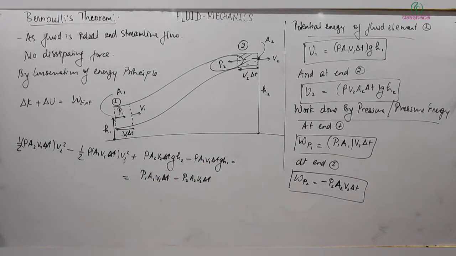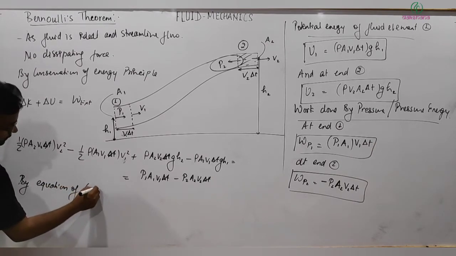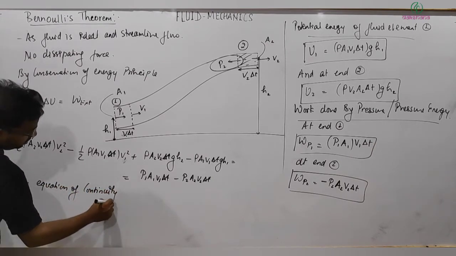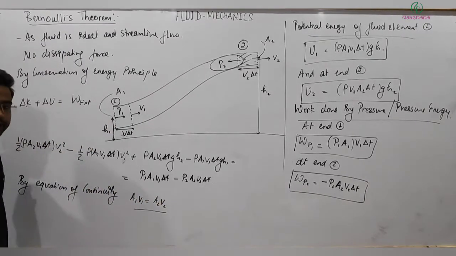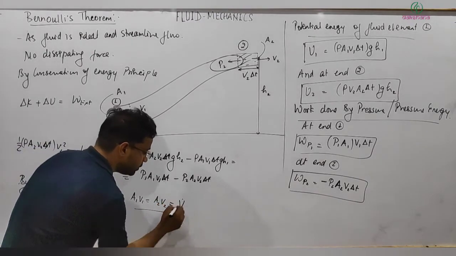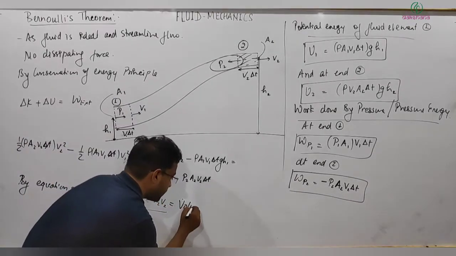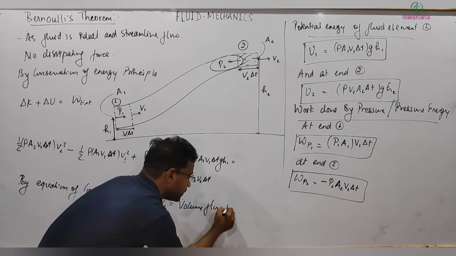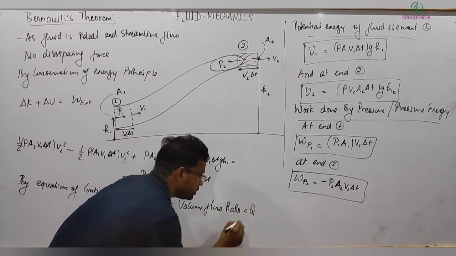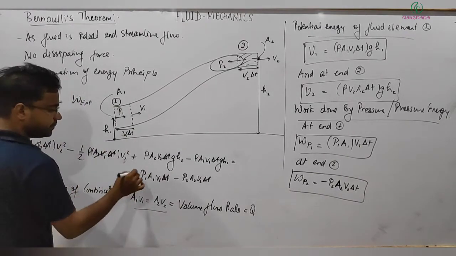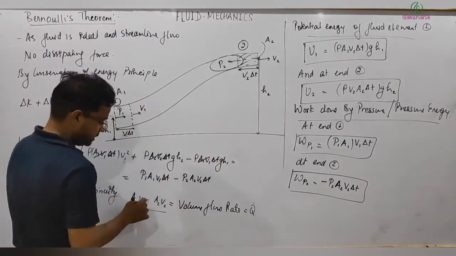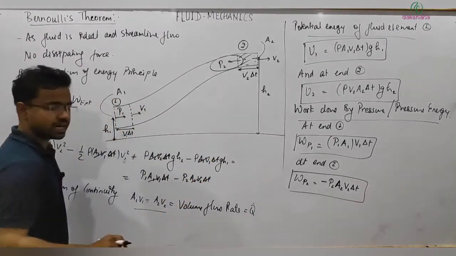By the equation of continuity, I can write A1 V1 equals A2 V2. This quantity is the volume flow rate, let me write it as Q dot. So A1 V1 and A2 V2 are equal and that is also gone.